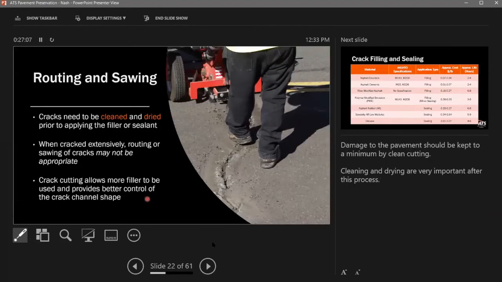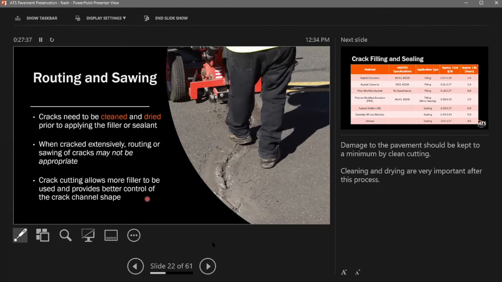A couple of things that you got to think about, though, when you're looking at these cracks, you want to make sure that they are fully prepared properly prior to filling them. They need to be clean and dry. Asphalt does not stick to wet things very well. So if you end up putting something in where there is a lot of water, you will end up having debonding issues. The bonding agent in the asphalt will not actually work.